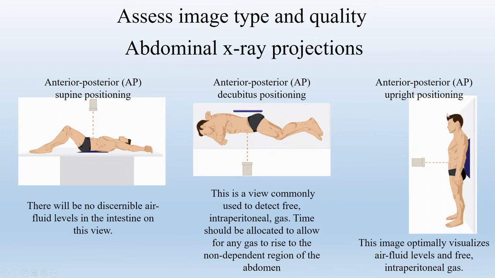Erect or upright positioning is also good for air fluid levels and free intraperitoneal gas, while the supine positioning doesn't give that resolution of air fluid levels in the intestine.